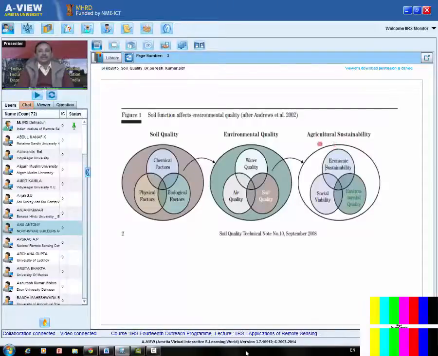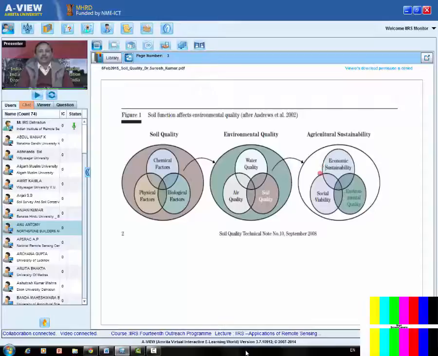How can we assess that? Sustainability can be assessed with economic sustainability. Sometimes a farmer is growing a crop, but economically it is not sustainable, or he is not getting profit per hectare of his land. So economically it is not viable.